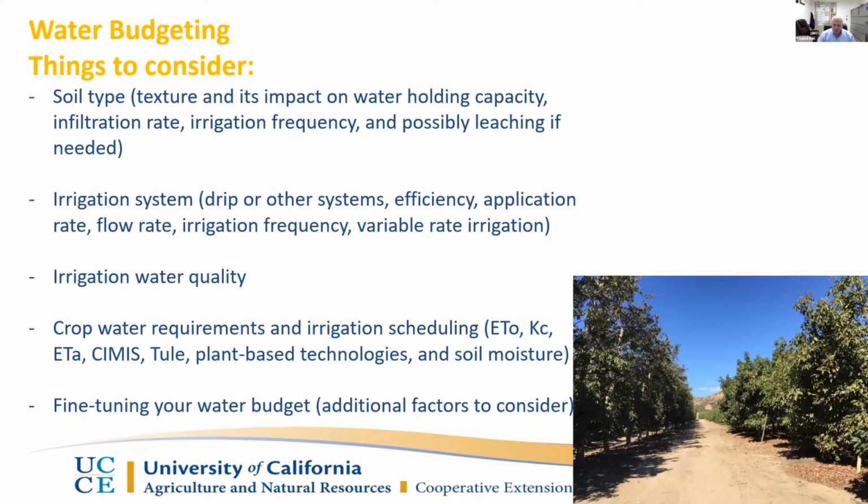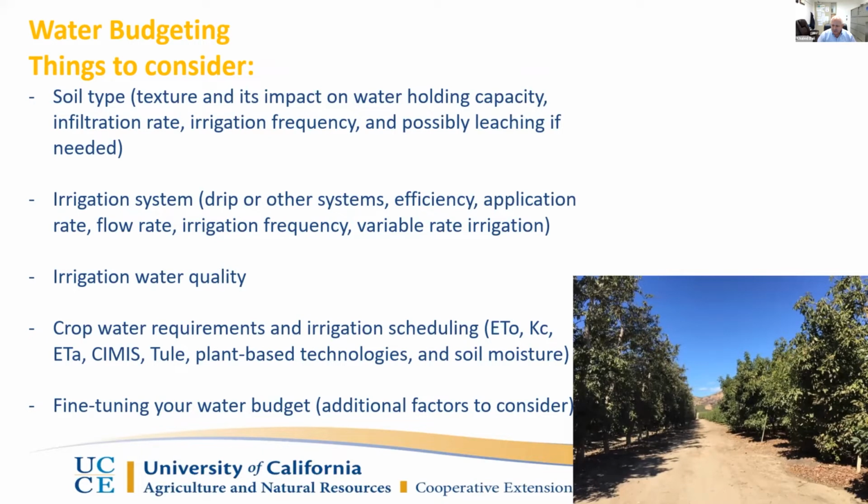When we're dealing with avocado or any other crop, we want to know what kind of irrigation system we have. That irrigation system is sometimes related to the soil type. So whether you're looking at micro sprinkler or drip, the decision is most likely related to the soil type.